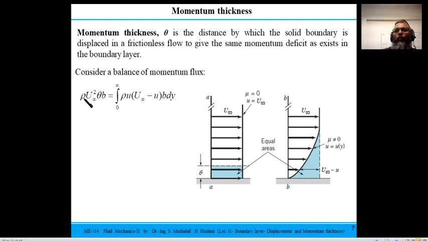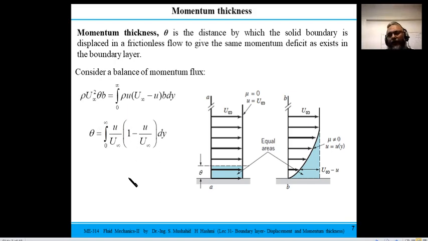So rho u and theta is an area, so that would be momentum flux, and the momentum flux is multiplied by velocity, so it would be the mass flow rate times the velocity, then it would be the momentum flow rate, and the momentum flow rate is balanced. So if you do the same thing, bring theta to the left hand side, the rho and rho cancel out, and so this is the expression for momentum thickness.